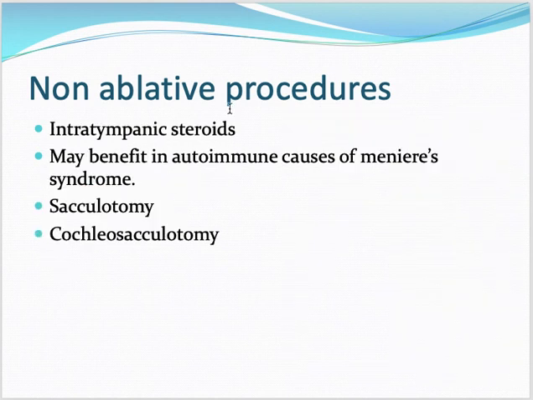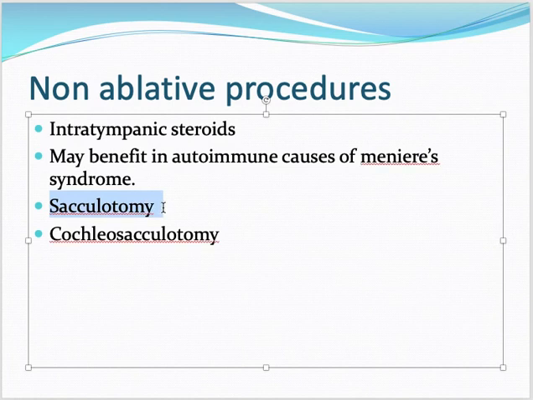Non-ablative procedures can be many, like intratympanic steroids can be given, sacculotomy or cochleosacculotomy can be done. This one is also called the Fick operation. What they do is puncture the saccule with a needle through the stapes footplate.